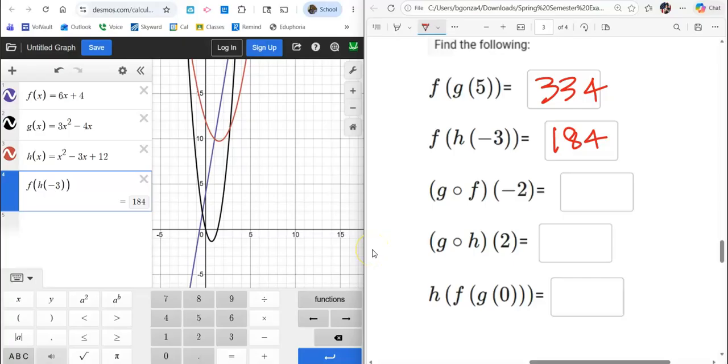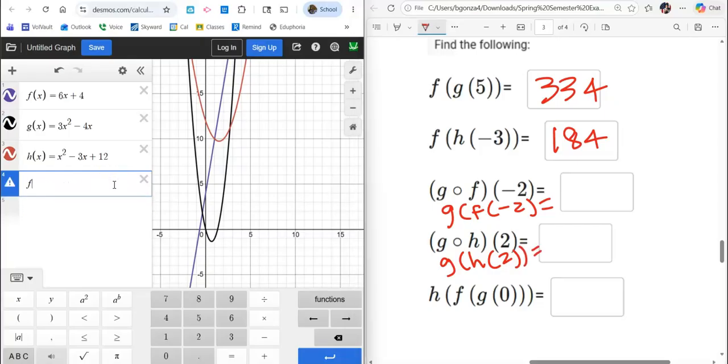Now, these next two you gotta fix. G of F of -2. This one is G of H of 2. 224.